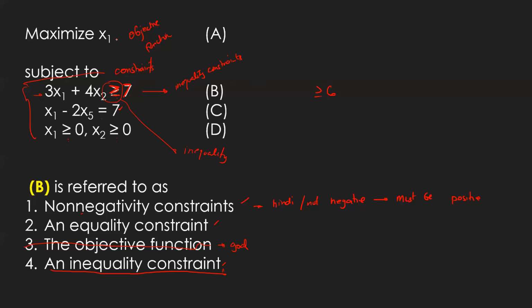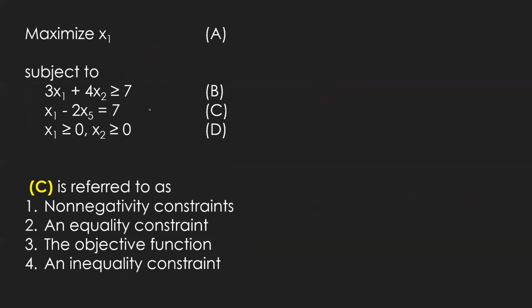So, once again, itong first natin is an objective function. The second one is inequality constraint. Ayan. Ikaw ulit, sir. Equation C, ito naman portion na to. Ano naman tawag dyan? Yung most appropriate sa apat na to.